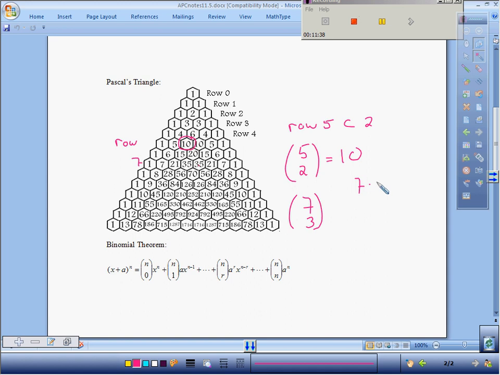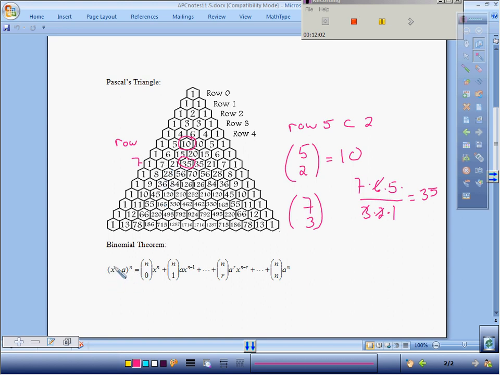Because that's 7 times 6 times 5 divided by 3 times 2 times 1, which is 6. What's 7 times 5? 35. There you go. And that's row 7, column 3. Isn't that cool?